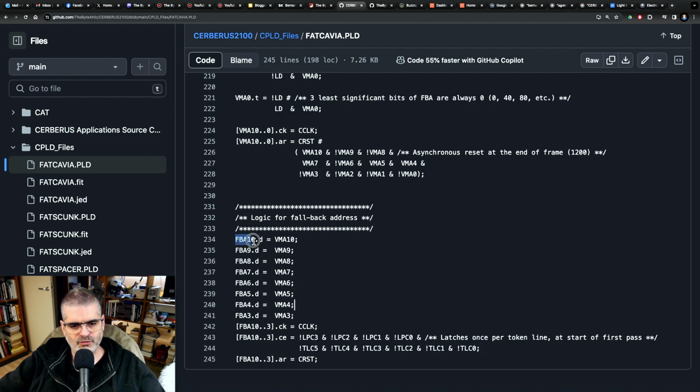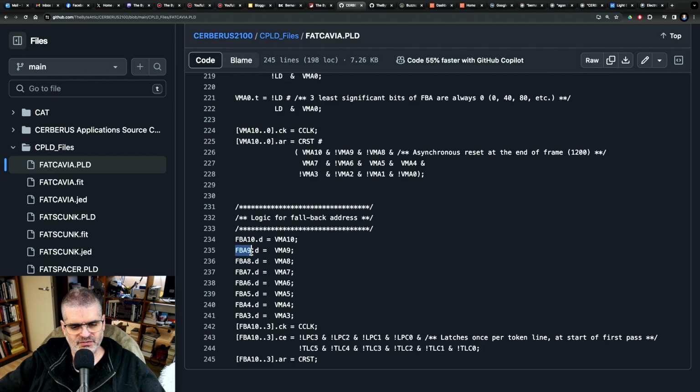The fallback address is stored in a set of flip-flops. In this case, they are D flip-flops, which are the most common flip-flops. You know, D flip-flop is the archetypal flip-flop. The .D means the data input to the D flip-flop. So the fallback address 10 flip-flop will be wired to video memory address 10.